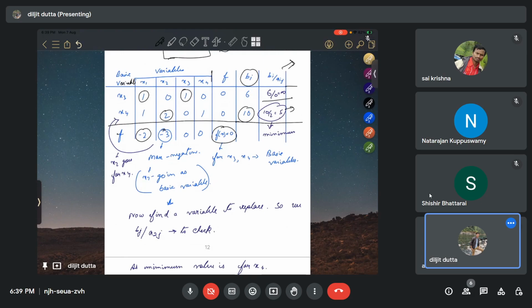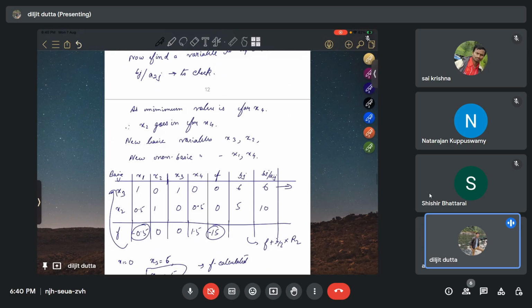Okay, so once x2 goes into the basic solution, the coefficient of x2 in the other equation should be 0, and the coefficient of x2 in the equation where x2 is the basic variable should be equal to 1.